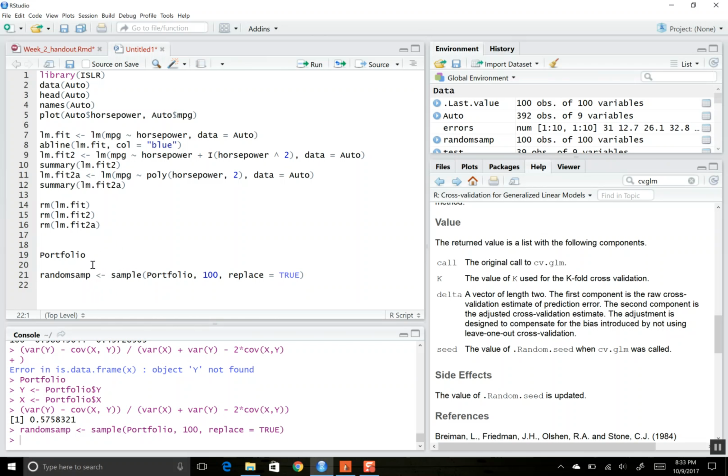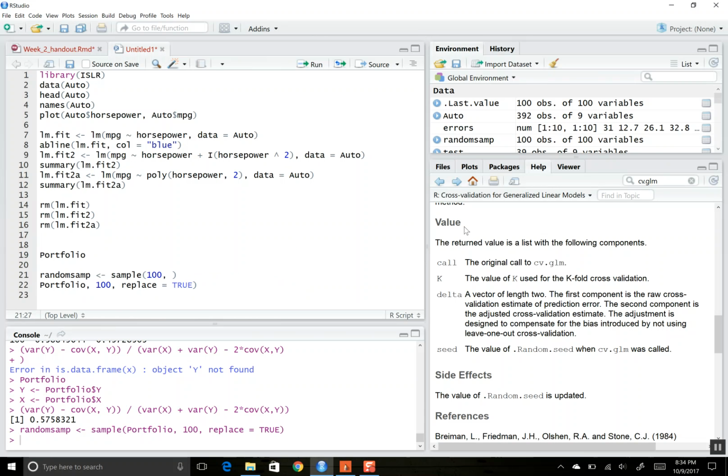No, this is not what I want. Sample. Oh, okay. No, this is how I have to do it. So I'm going to do sample. There are 100 rows in portfolio.